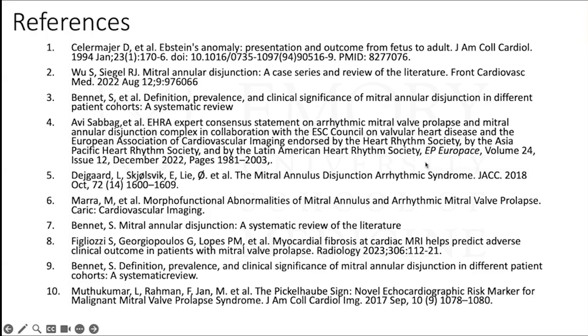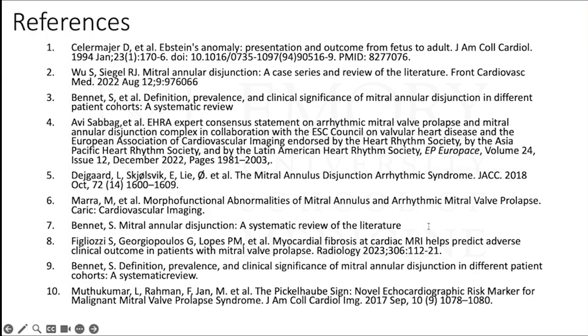There's nothing in the expert consensus that says perform an EP study. But I think it might be reasonable, especially if you're going to implant an ICD in a 30-year-old, to try to provoke it beforehand.